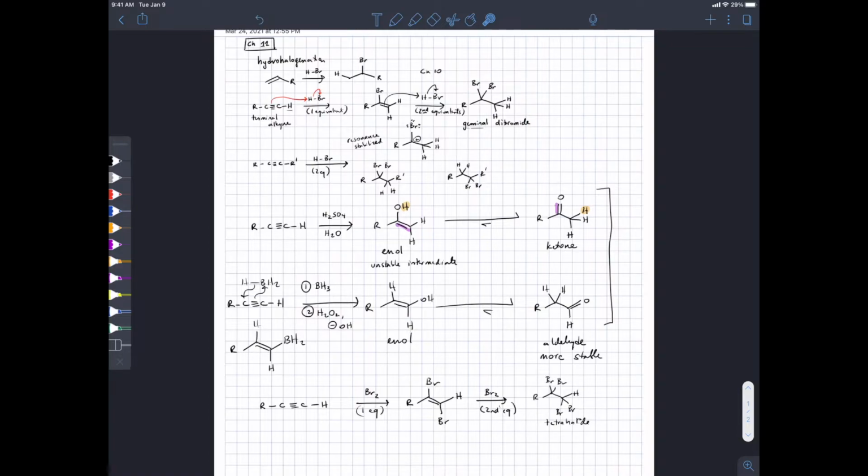Just kind of a follow-up on that. Does that first reaction, the first step, always go entirely to completion until that first reagent, the alkyne, is completely used up, and then once it's used up the second reaction can start, or do they happen simultaneously? Okay, yeah, this is a good question.